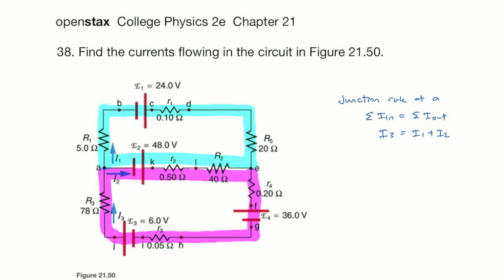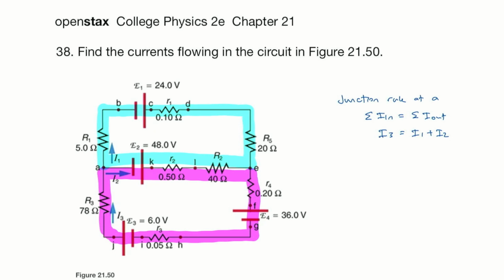Okay, so let's mark up our resistors based on the currents that we have. And so we have I1 going like that and like that. The middle branch will be in both loops. We have I2 going like that and that.